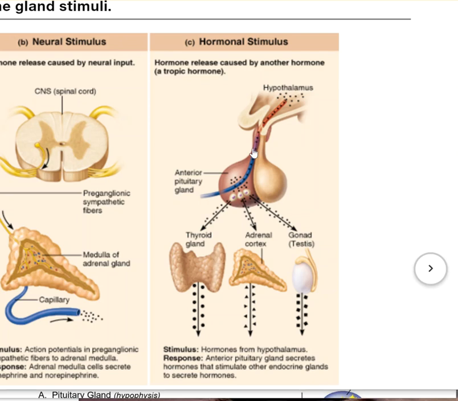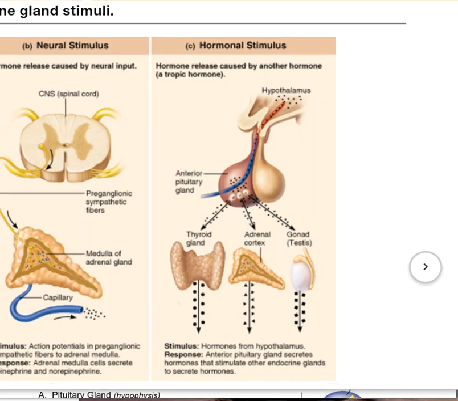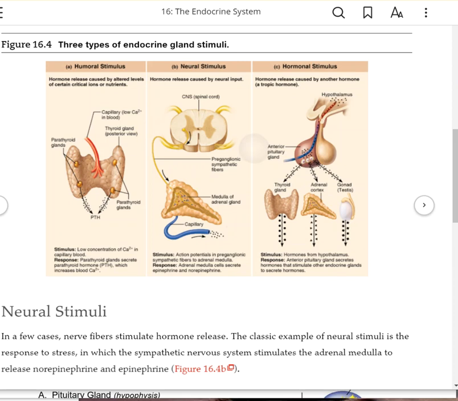So we have hormones releasing hormones, releasing hormones. So all of these arrows, this arrow here, is a hormonal stimulus. So take a look at those, make sure you're understanding that stuff.